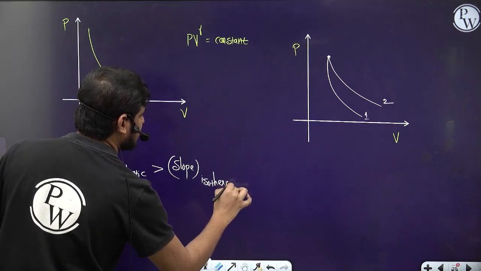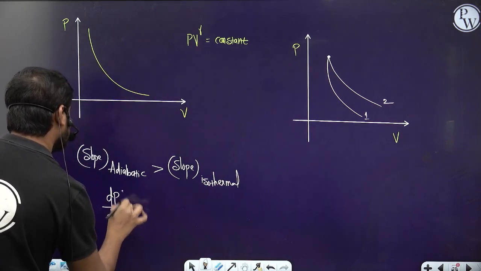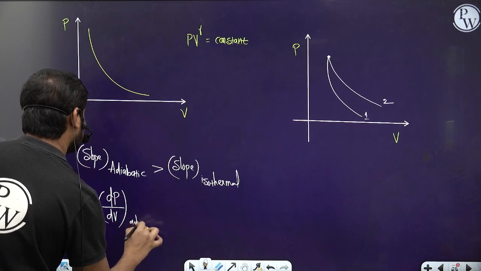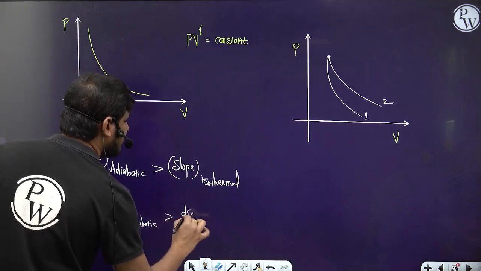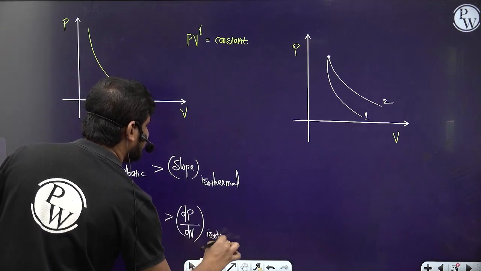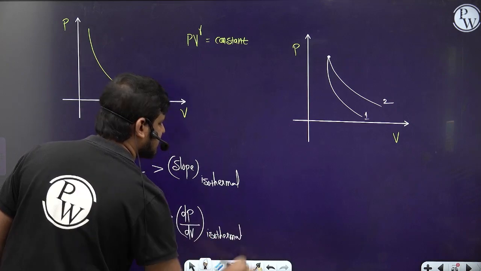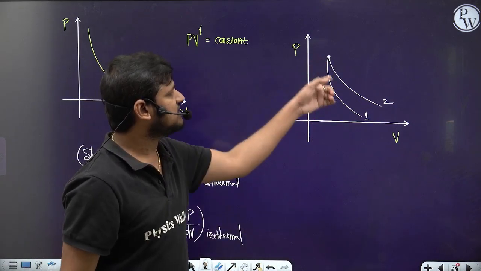That means dP by dV of adiabatic will be greater than dP by dV of isothermal. Remember this, guys. The first one has more slope, the second one has less slope.